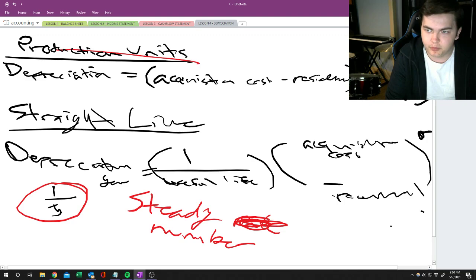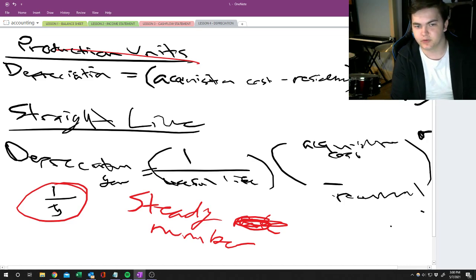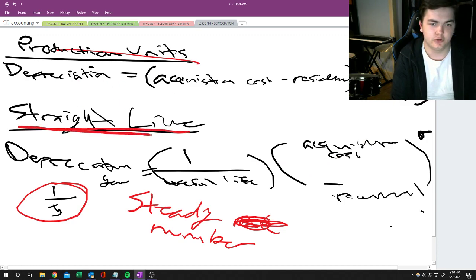It becomes less efficient over time due to decay and corroding. That's the disadvantage of the straight line system, in that it's the same expense every year, whereas the production units method actually has that benefit.